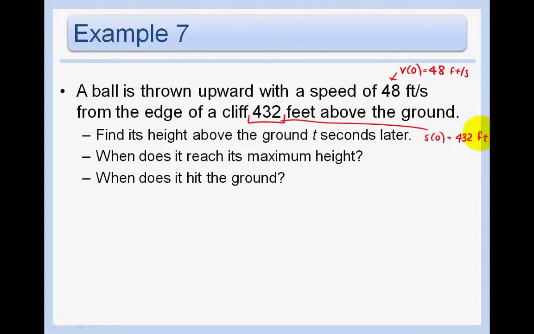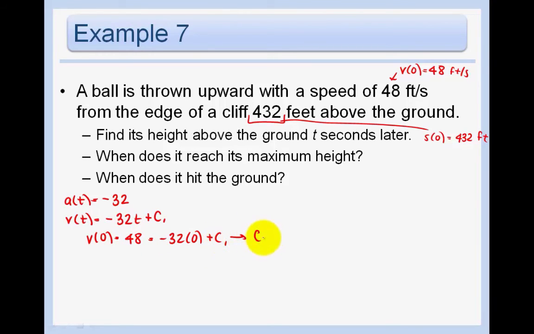So how are we going to start? Well, since this is just dealing with gravity, we know that the acceleration is -32 feet per second squared. And so the velocity is just going to be -32t plus some constant. And we knew that v of 0 was 48. In other words, C1 equals 48.